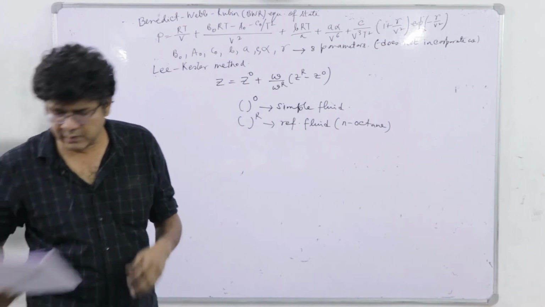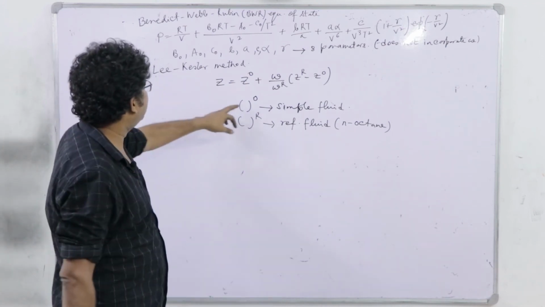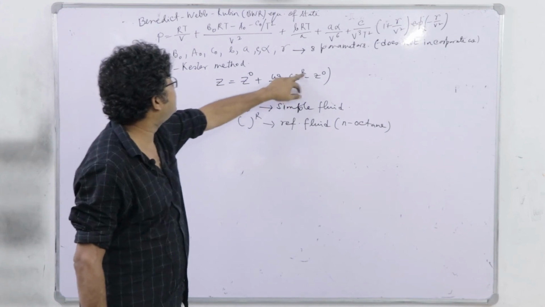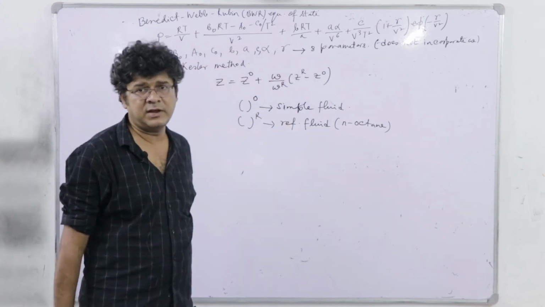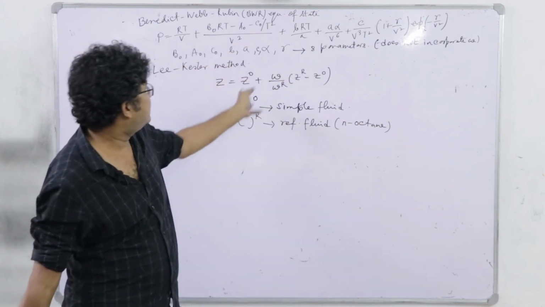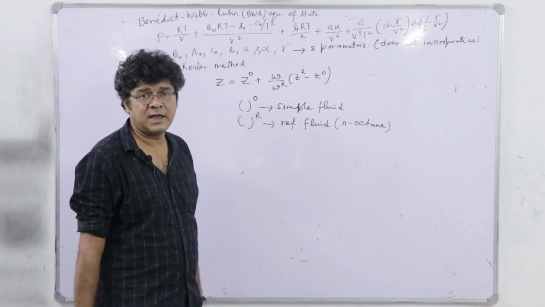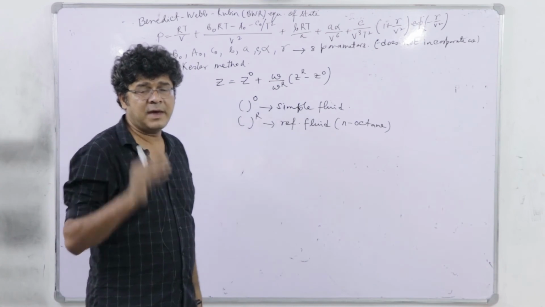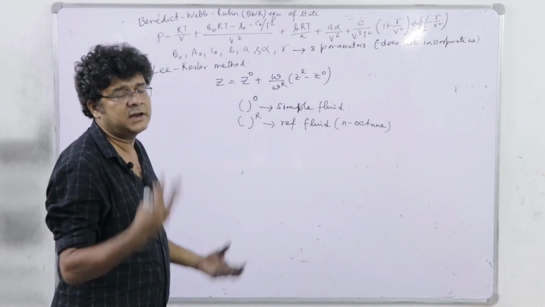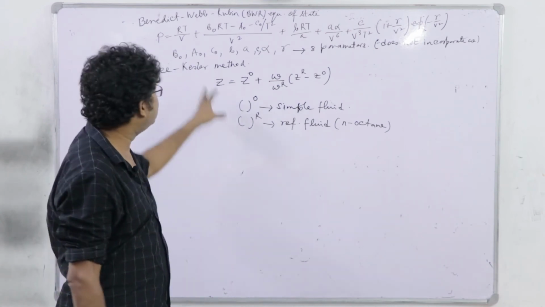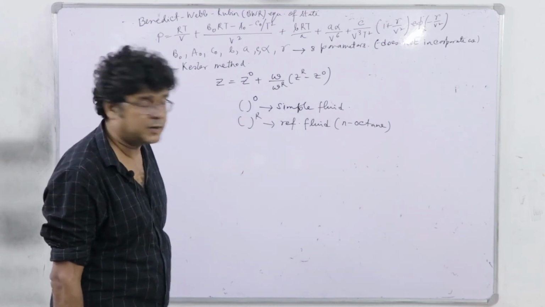That is the idea, and for the calculation of Z naught and Zr, they have used the Benedict-Webb-Rubin equation, and from there the compressibility factor of any other fluid has been calculated. So, the Benedict-Webb-Rubin equation upon incorporation of the acentric factor becomes what is called the Lee-Kessler method.